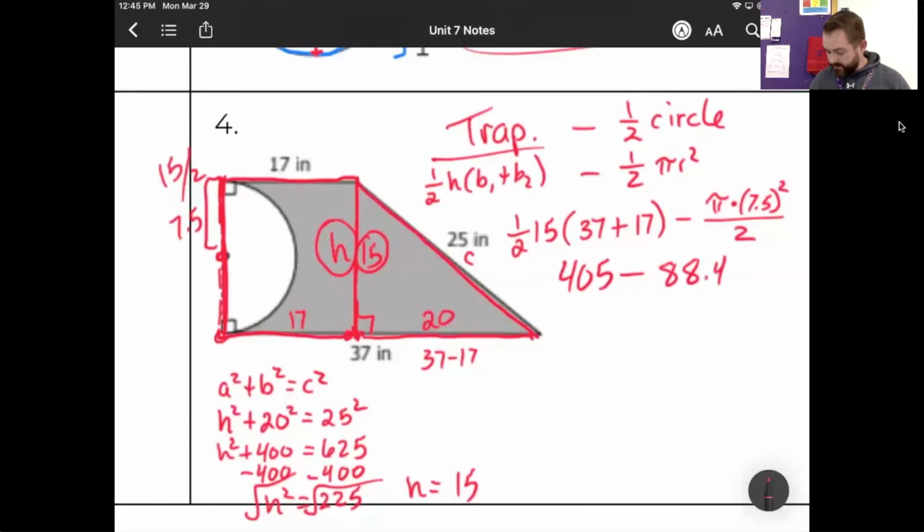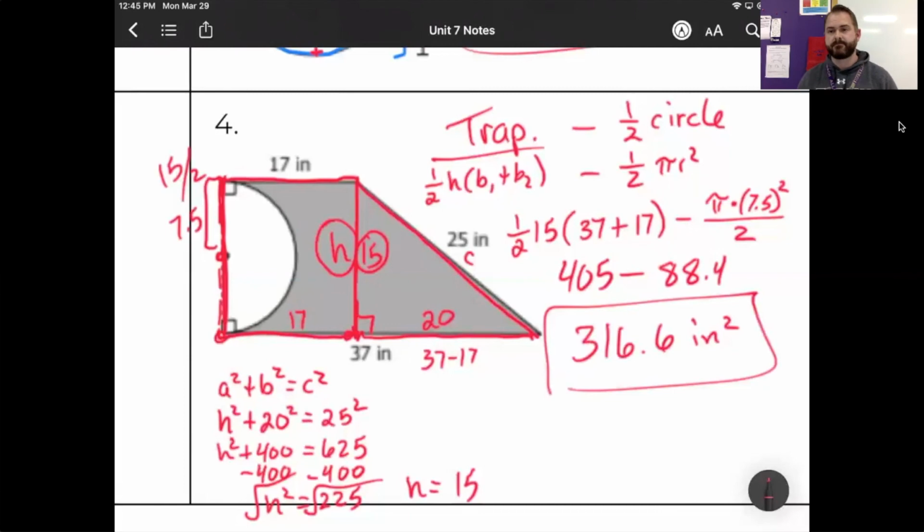So when I subtract, I get about 316.6 square inches. Okay. So that wraps up our lesson on area and composite area of basic 2D shapes.